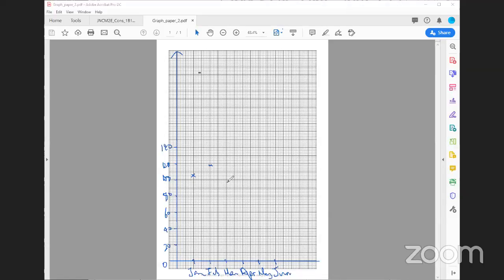And then 100, 125, and then 130, and then 120. Some of you have done it this way. Of course we should use a ruler to draw the points, but I just want to do it quickly to show you what happened.